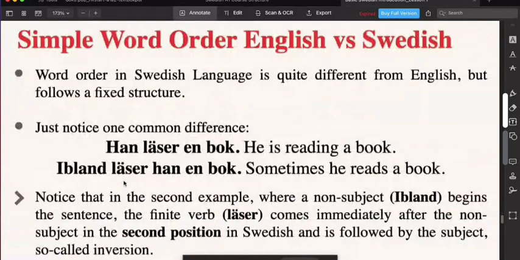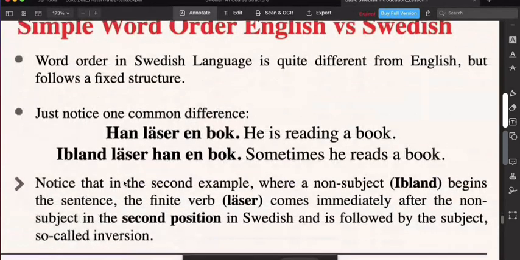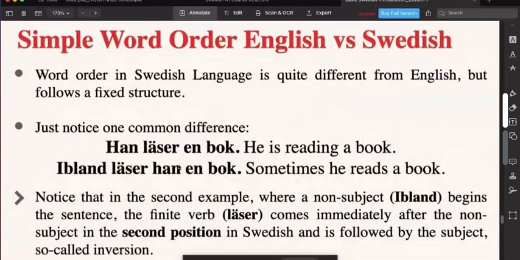Next is word order. If you want to make sentence, universal rule is that we write subject, verb, and object. Han läser en bok. He reads a book. So that is simple. There's no confusion here.